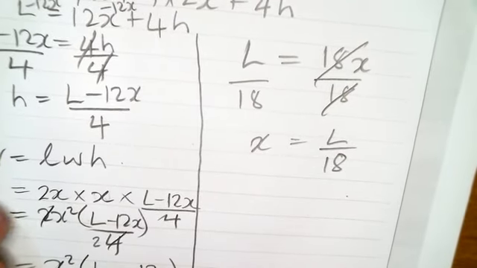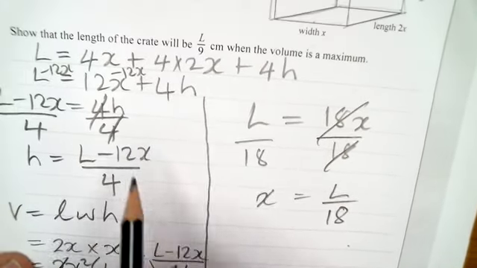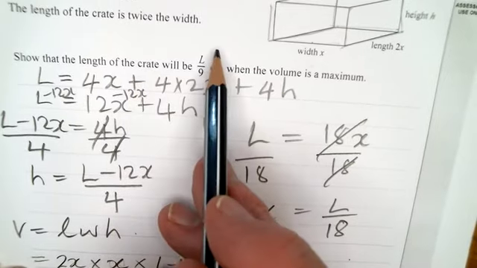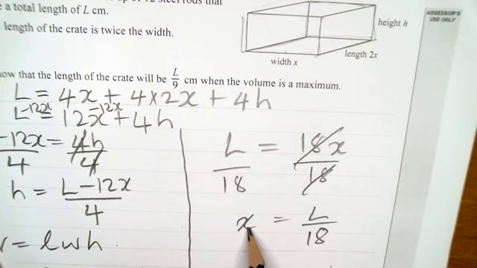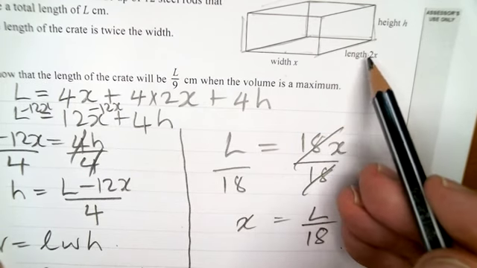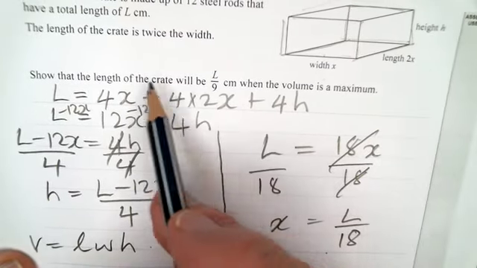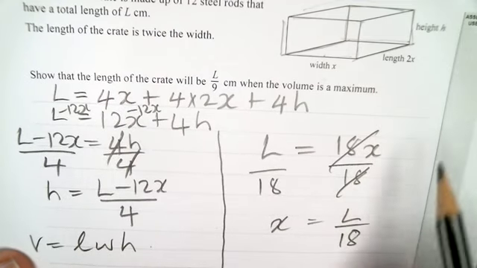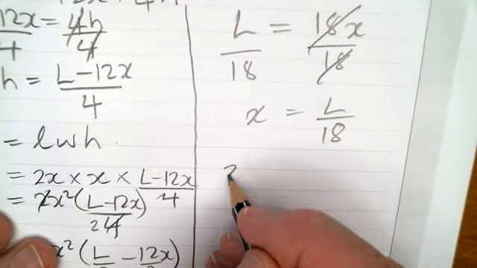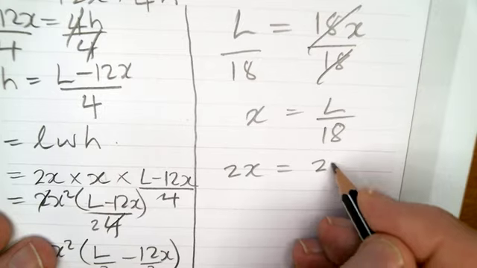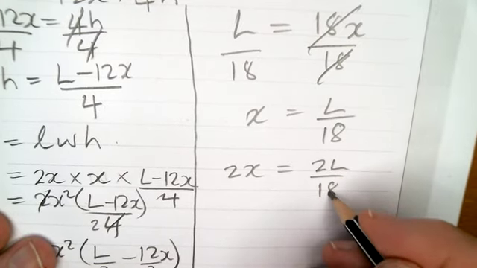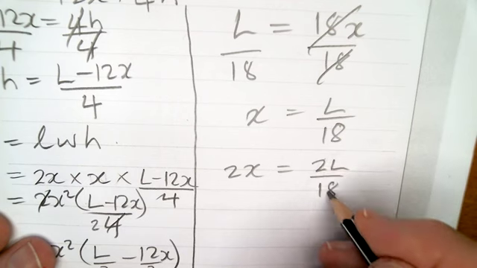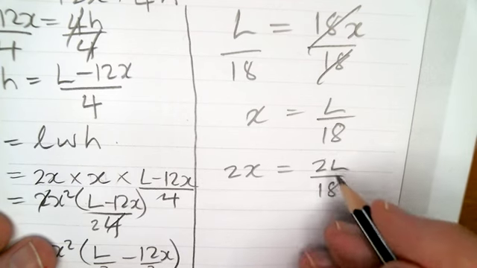There it is. But the question says the length of the crate will be L on 9, and we've got L on 18. But that looks good because it's not x we're after. The length is 2x. Show the length of the crate. The length is 2x. So I'm going to multiply this by 2, and I'm going to multiply this by 2, because 2 on 18 can be simplified as 1 on 9.